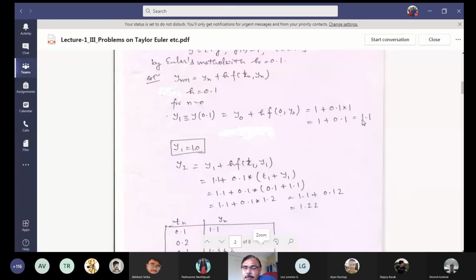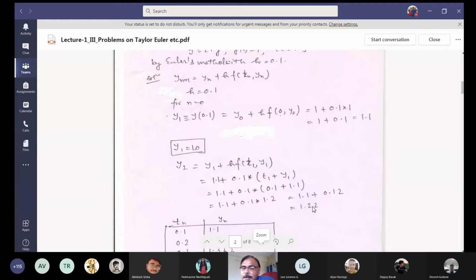So f of t1, y1 will be t1 plus y1, that is 0.1 plus 1.1, which is 1.2, multiplied by 0.1, plus 1.1 that is your y1. So everything comes out to be 1.22. Is that clear? This you can calculate by hand, you don't require any calculator. Right?